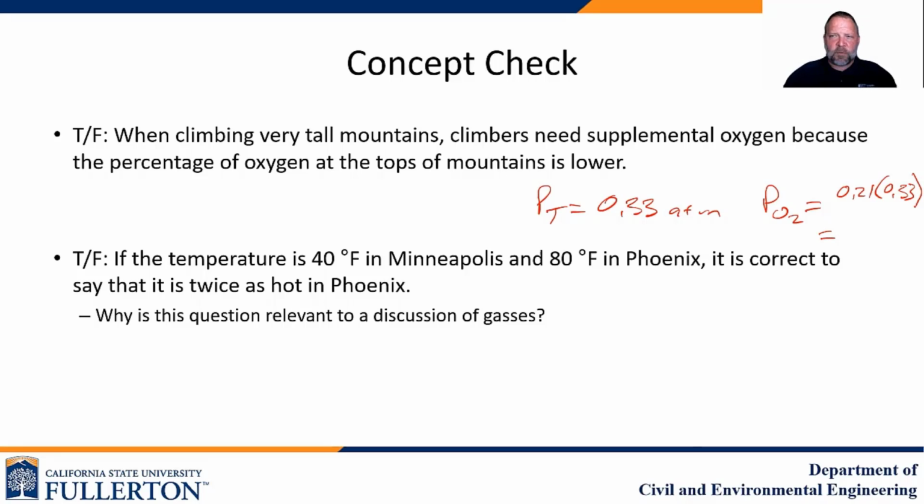And so instead of what your body expects to see of 0.21 atmospheres at sea level, your body's only seeing 0.07 atmospheres of partial pressure of oxygen, which means only 1/3 as much oxygen is getting across into your bloodstream. And that's why it's very difficult to breathe at higher elevations, because it's actually lower pressure, not lower percent.